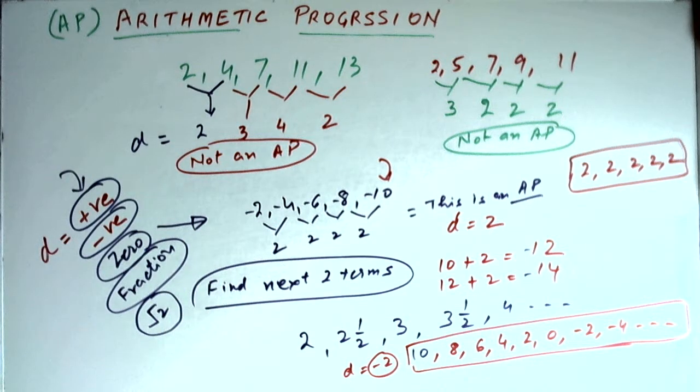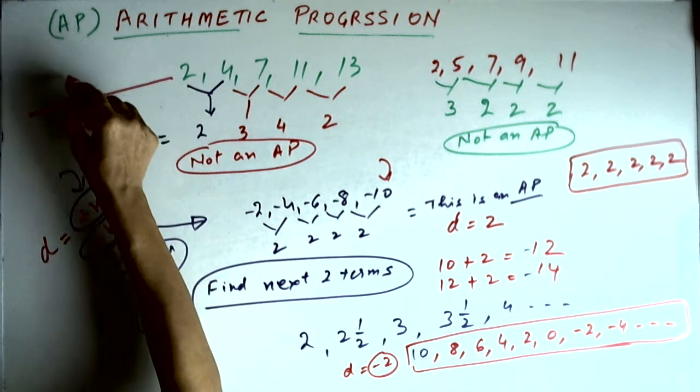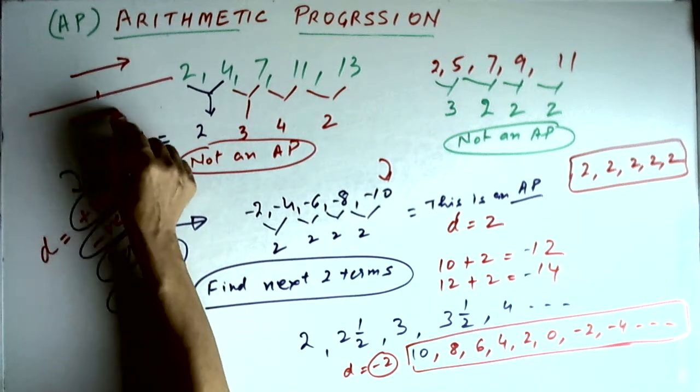If you recall what you have studied in class 9, the whole set of real numbers can be the difference, including 0. And again, an arithmetic progression could start from the positive side of the number line and move towards the negative side, or it can start from the negative side and move towards the positive side. If you recall the number line, this is 0, so it can go this way or it can go this way.